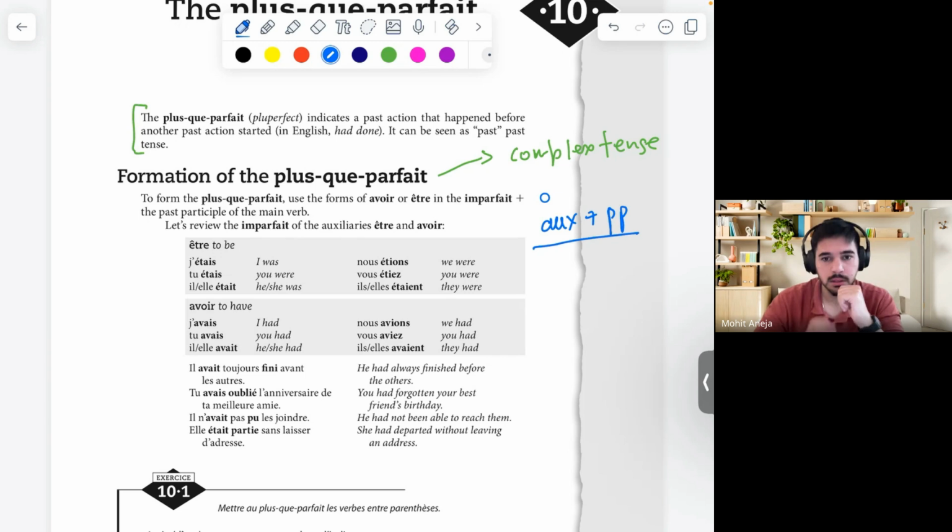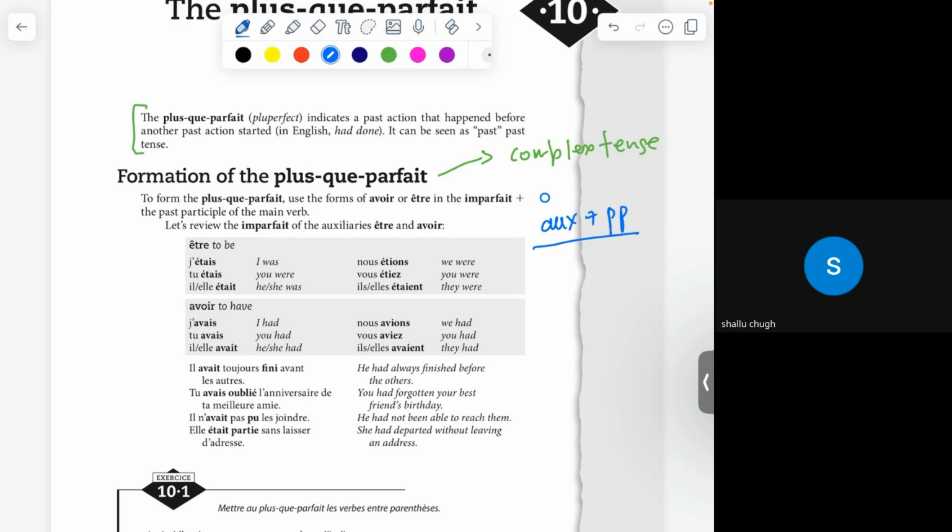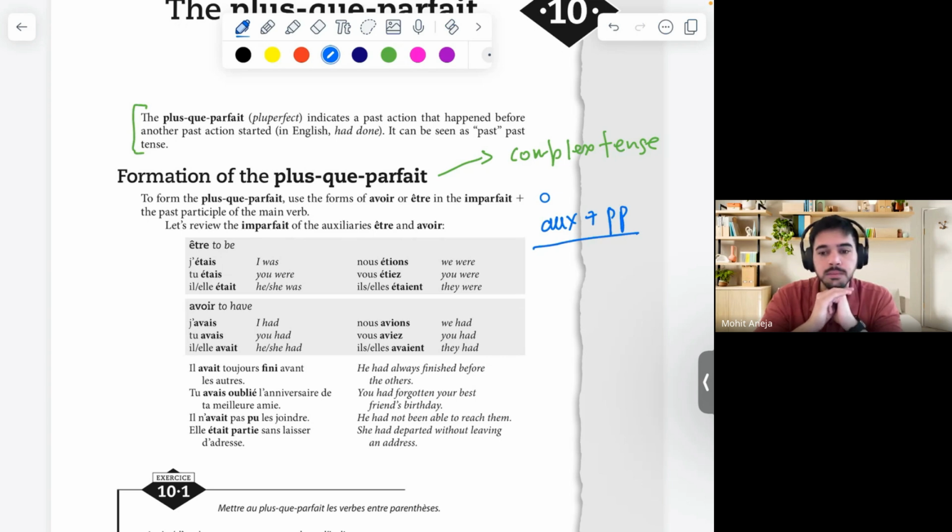Now you have to remind me again, what is the conjugation of imparfait with être and avoir? Do you remember, you studied imparfait a little vaguely from memory? Yes. Okay, très bien. How do we conjugate avoir and être in imparfait? Tell me être first, either one of the two.